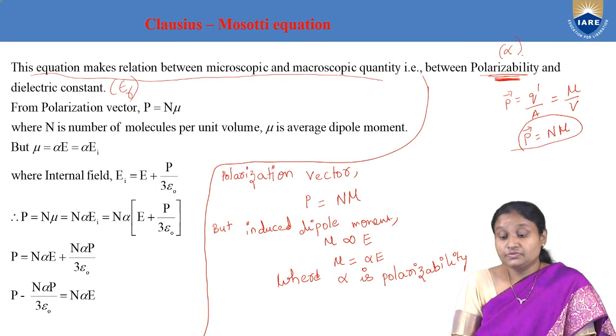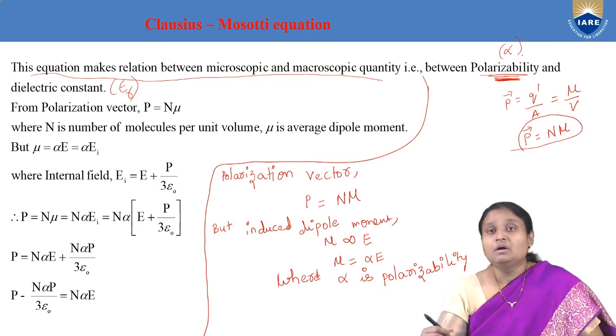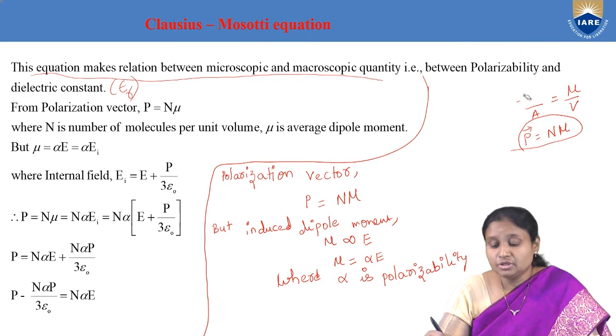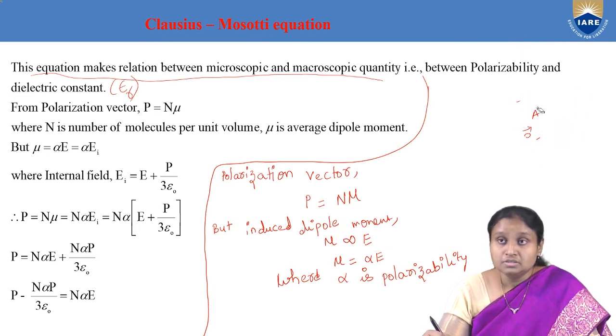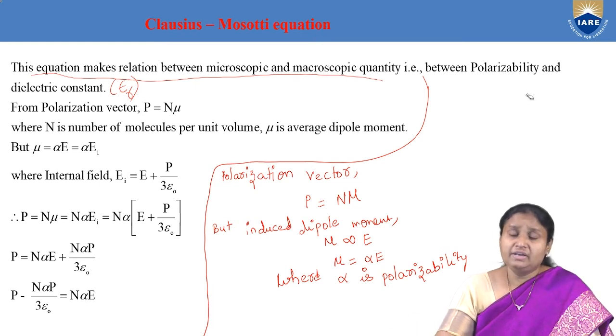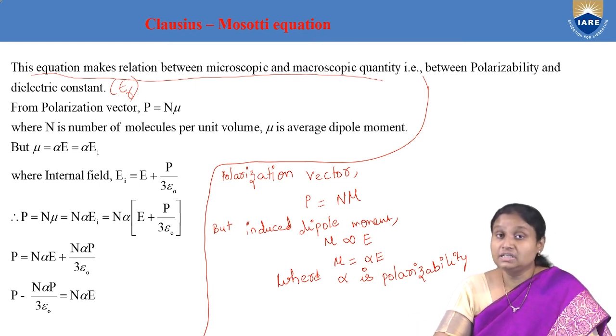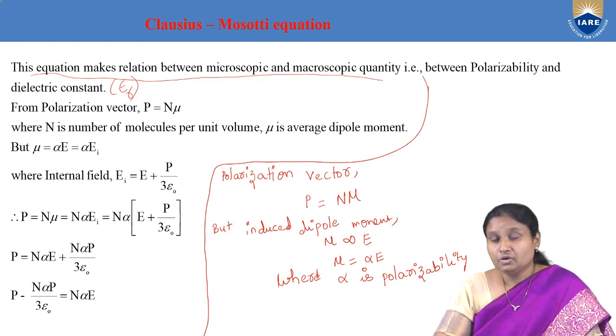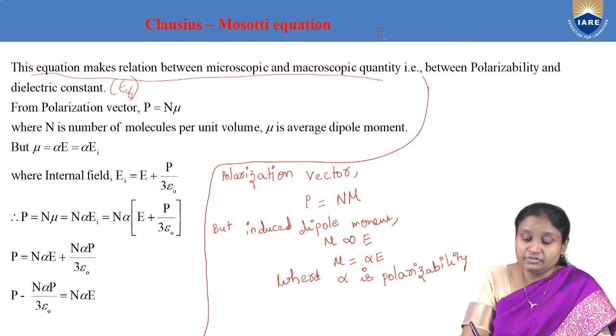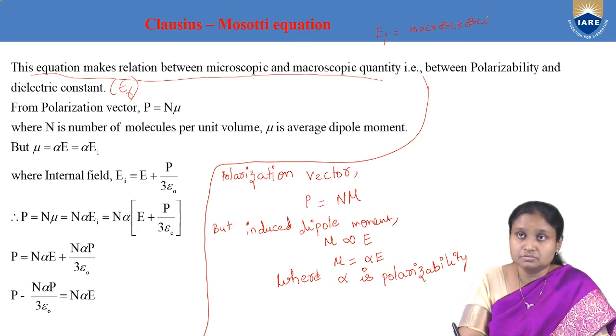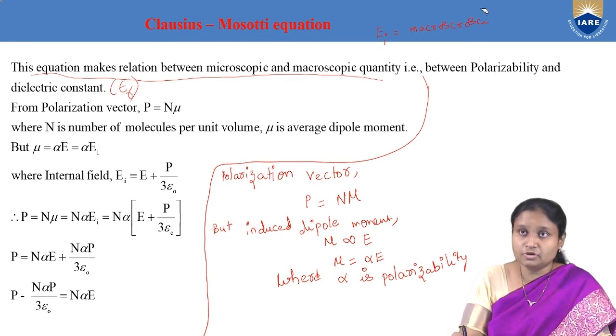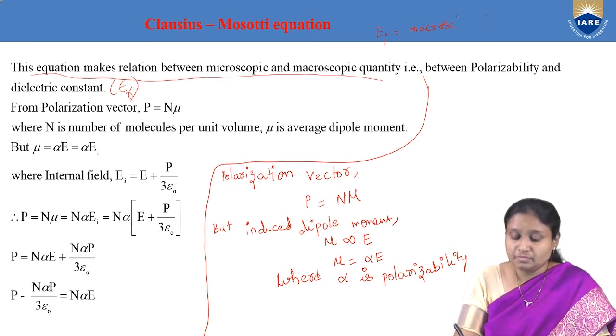in my earlier video I have derived an expression for the local field or internal field, because here we are trying to get a relation between microscopic and macroscopic. So we have derived one expression for the internal field or local field inside the dielectric material. How have we defined this internal field? It is defined as a combination of macroscopic electric fields plus microscopic fields.